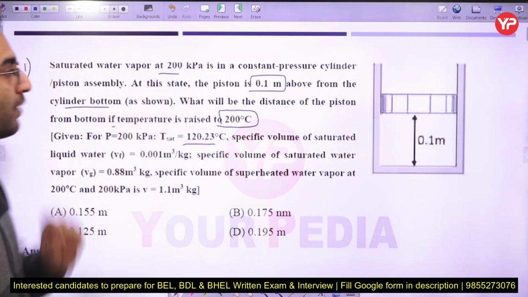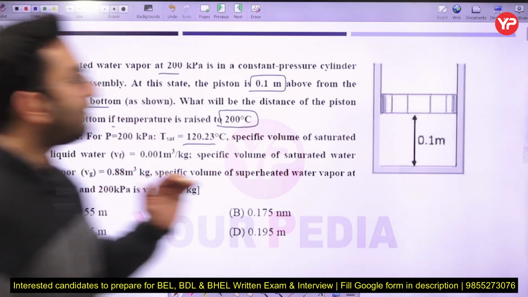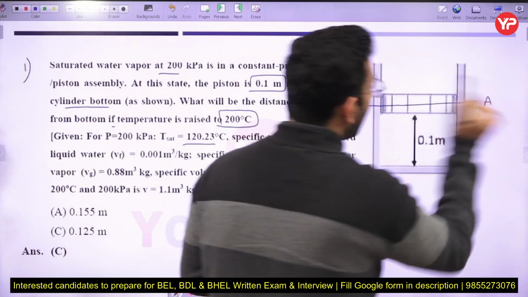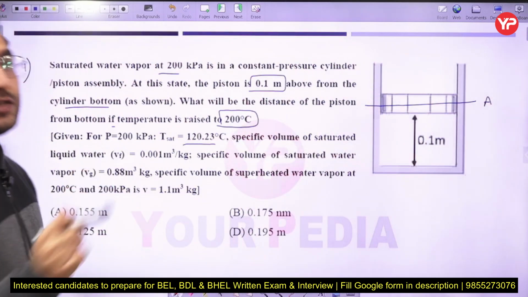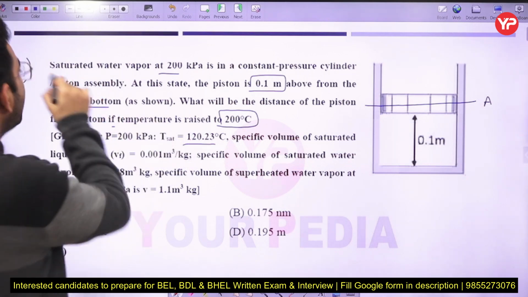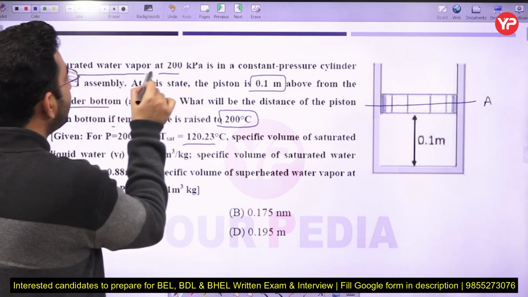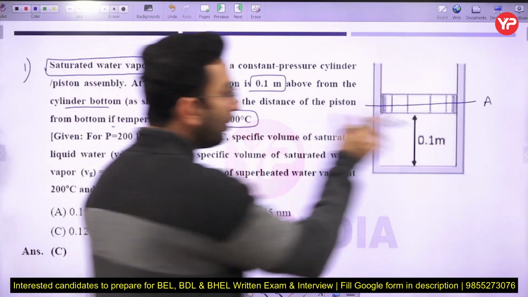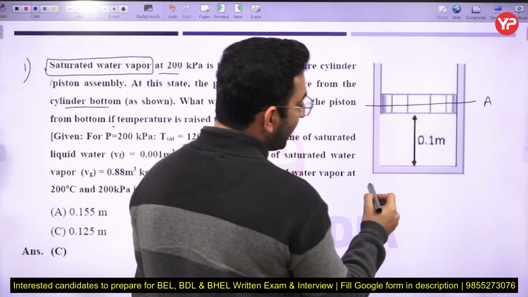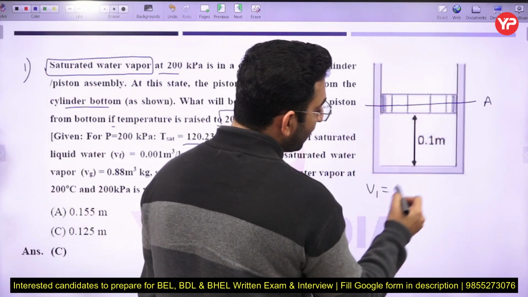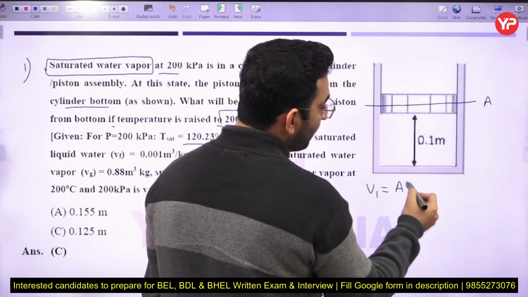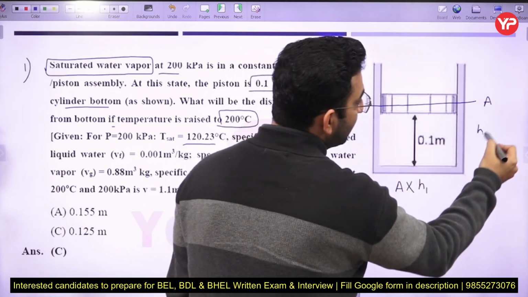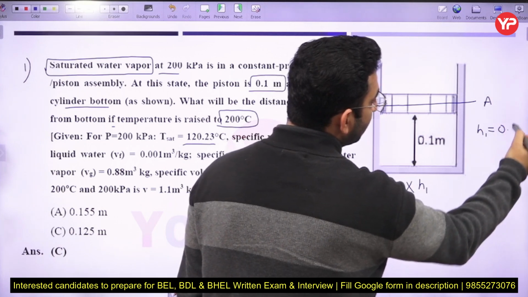First of all, when the piston is at this particular position A, what will be the state of the steam inside the cylinder? It is saturated water vapor. Just see, the total volume of the cylinder can be written as the area of the piston multiplied by this height h1, where h1 is the 0.1 here.